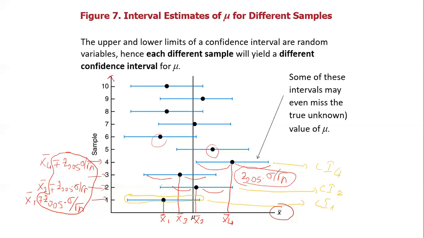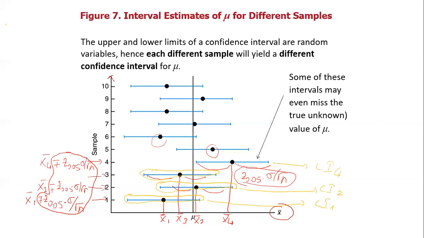This one is constructed by using the X bar of the second class, and this one the third class, and so on. So there are 10 different classes. Let's say the first class is the statistics class, the second class is the production planning class, the third class is the electronics class, and so on. Also, all of them have the same sigma and same n, and these are the confidence intervals.